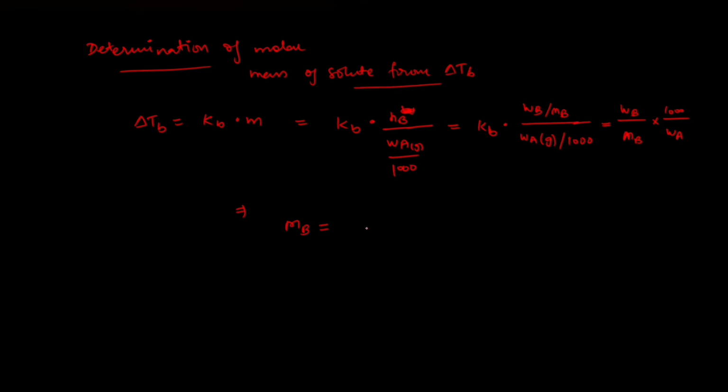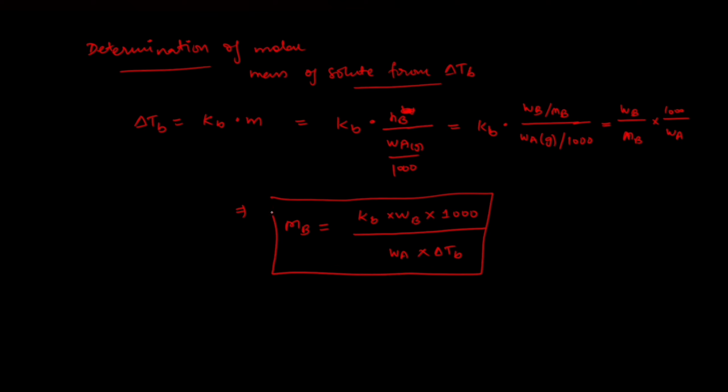With respect to MB, it becomes MB is equal to Kb into WB into 1000 divided by WA into delta TB. This formula is very important for calculation of molar mass. Again, delta TB is the colligative property, elevation in boiling point, and MB is the molar mass of solute. You can see molar mass varies inversely with colligative property. So this formula is very important for numericals.